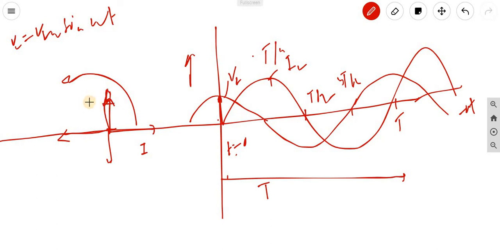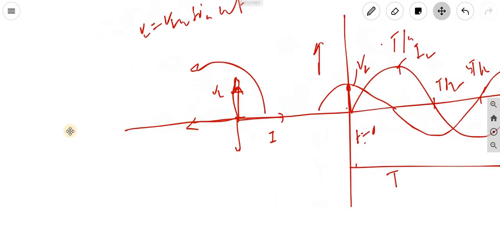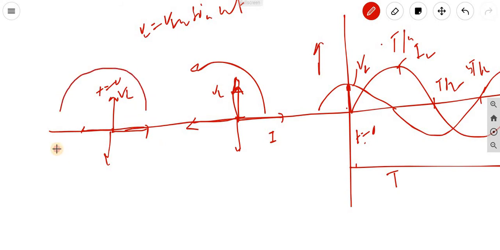This is VL, in a separate way. VL at this position at t equal to 0, and in this way it will rotate.